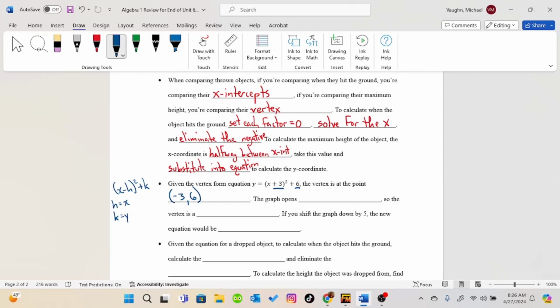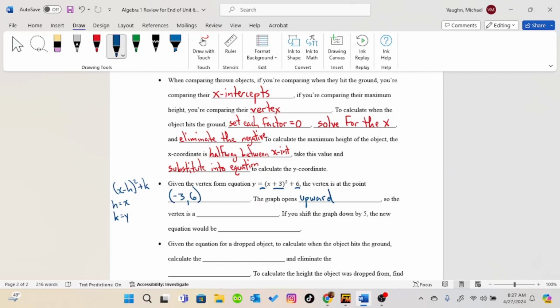The graph opens blank. You want to look in front of the parentheses. If this is positive, which it is, that means the graph opens upward. If this had been negative, then it would have opened downward.